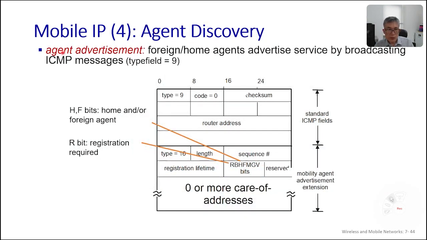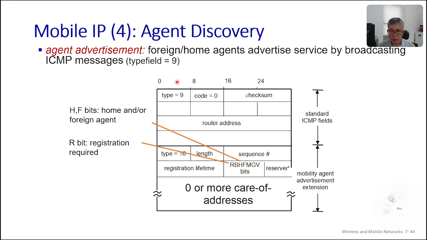The second component is agent advertisement. A home agent and foreign agent advertise their service by broadcasting ICMP messages, where the type field of the ICMP message is 9. ICMP is usually used for control.